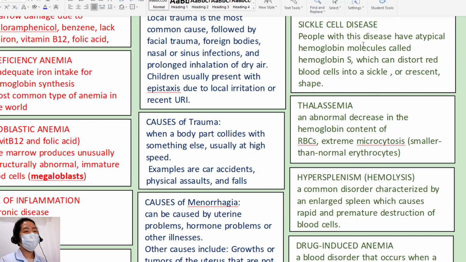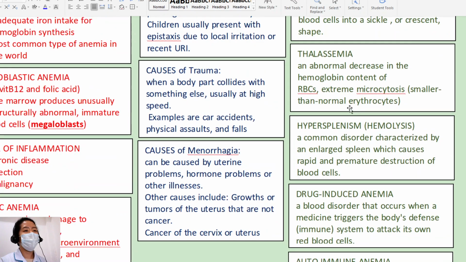So sickle cell disease or sickle cell anemia. People with this disease have atypical hemoglobin molecules called hemoglobin S, which can distort red blood cells into a sickle or crescent shape.